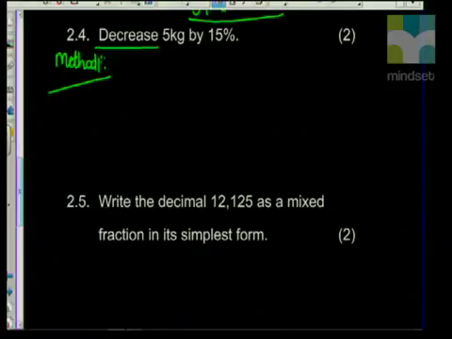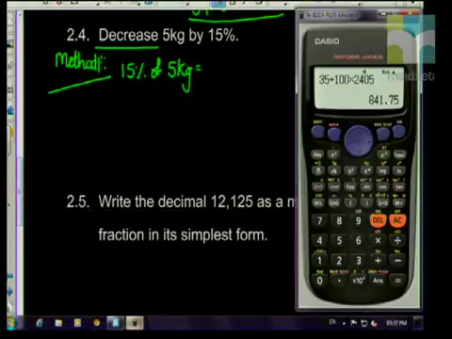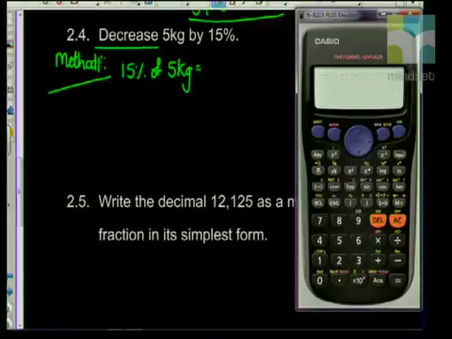Okay, I'm going to find out what 15% of 5 kilograms is. Please be sure to show all of your working, because this is where you can also get easy marks if you make careless mistakes. To do this on the calculator, I can say 15.